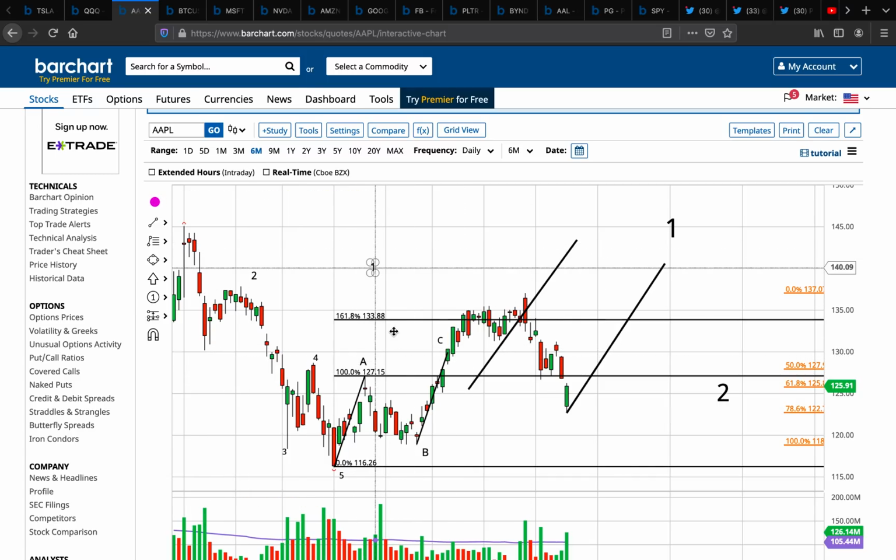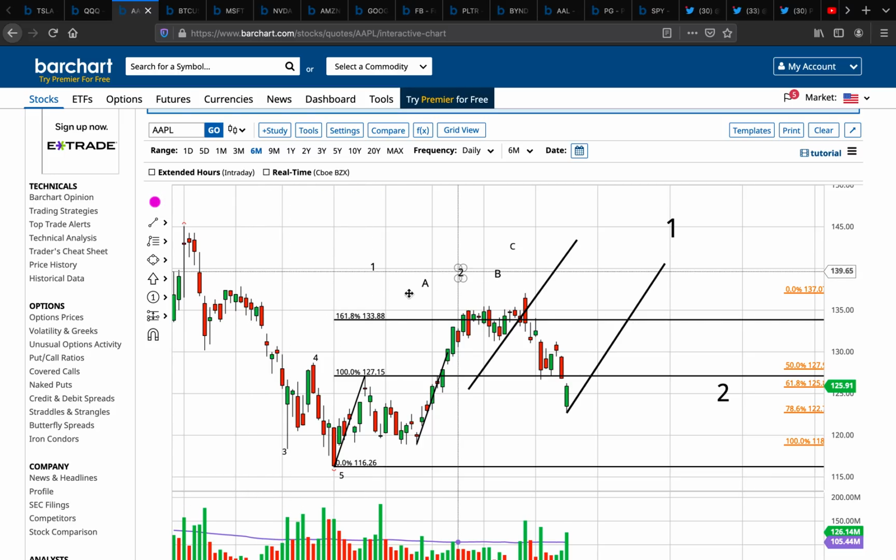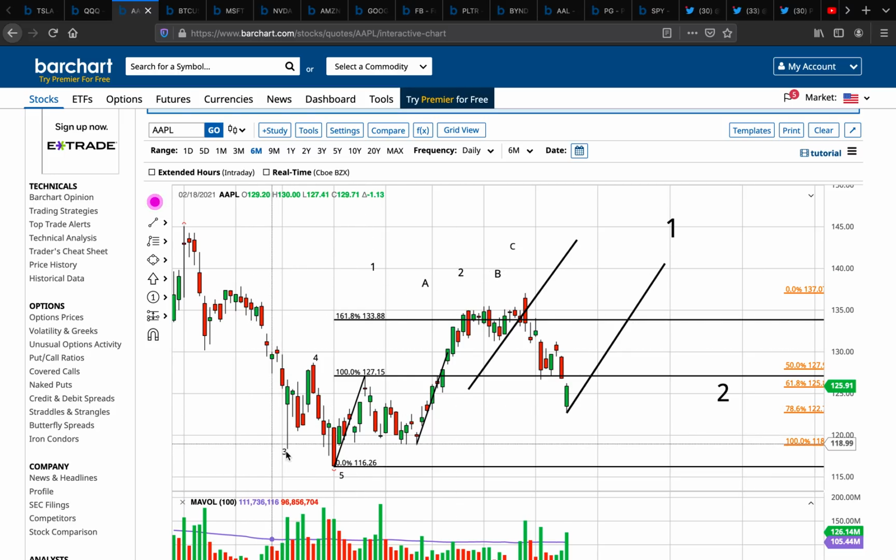So I think more likely what Apple is going to do is take another leg higher with the rest of the market. So this is what I have right now for Apple. I'm really trading it with Microsoft and Facebook, Nvidia, and Amazon.